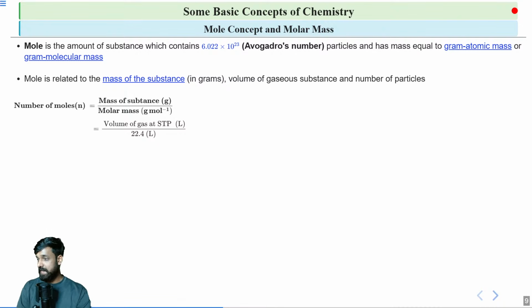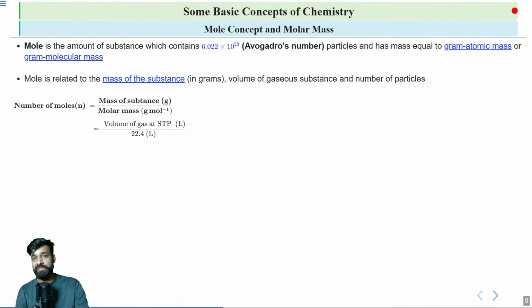Now the next and the most important part. This is the tool from which you can calculate the number of moles in a gas. This calculation is used exclusively in thermochemistry. Suppose you are given the volume of a gas at STP and you need the number of moles. How do you calculate it? It's very simple.